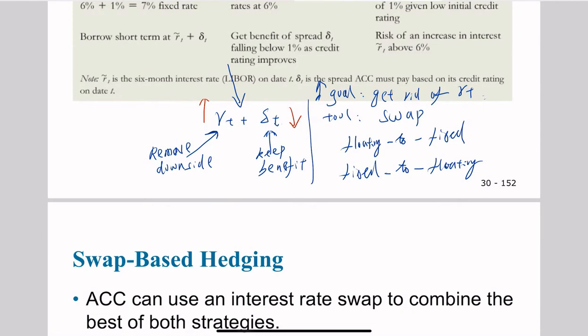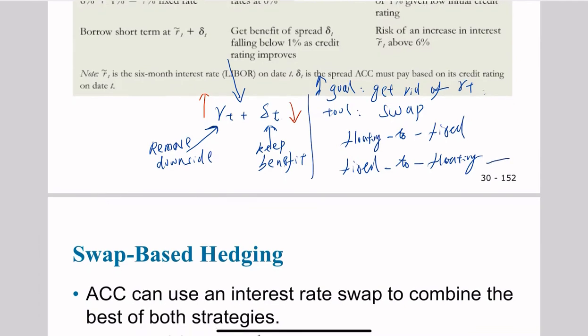So obviously, the swap that the firm wants to use is fixed to floating, right? If the firm enters into this fixed to floating interest rate swap, it means the firm pays a fixed interest rate and the firm will get a floating interest rate, right? Okay.